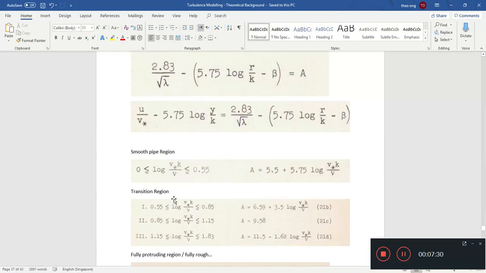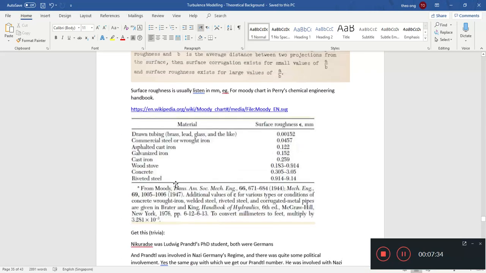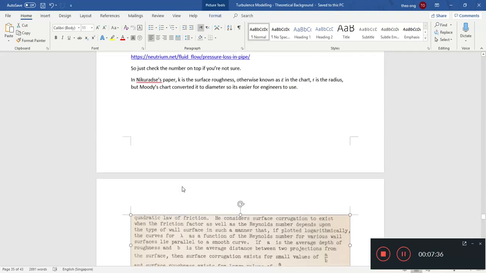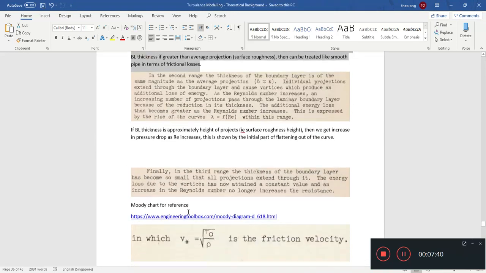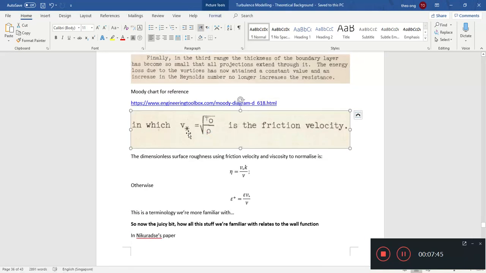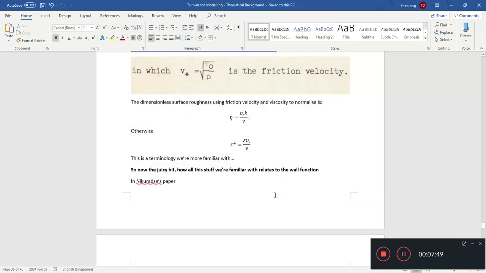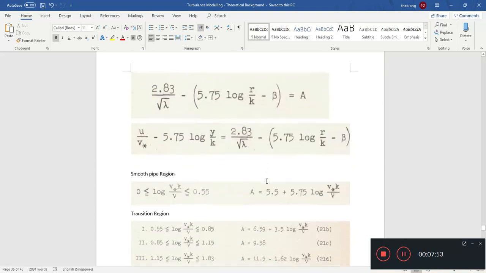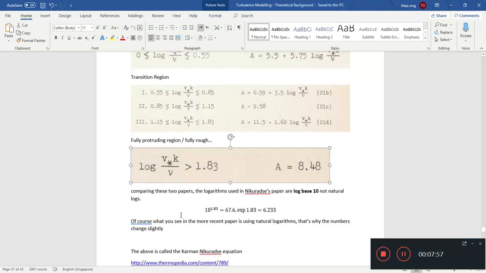Okay, so anyway, in my Microsoft Word, this is basically what I was looking into. This is the three regime thing I was talking about earlier, and just so you know, v star is friction velocity. The same nomenclature is used for different things. So these were the 5 equations we were talking about.